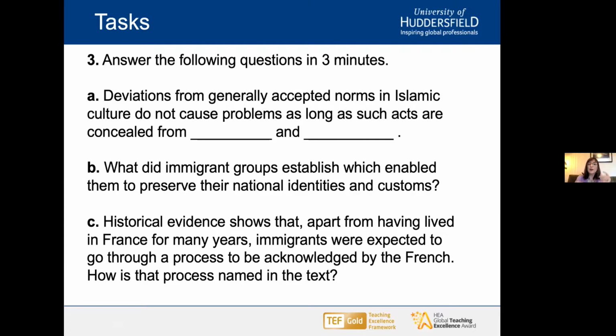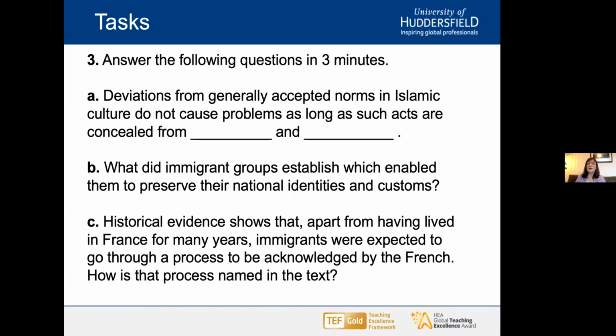And you focused on specific keywords like deviations, like culture, like concealed, but you couldn't find exact matches in the text. What you needed to do is to see whether a part of the text was semantically closer to these concepts, whether that part of the text included semantically closer synonyms or related words.